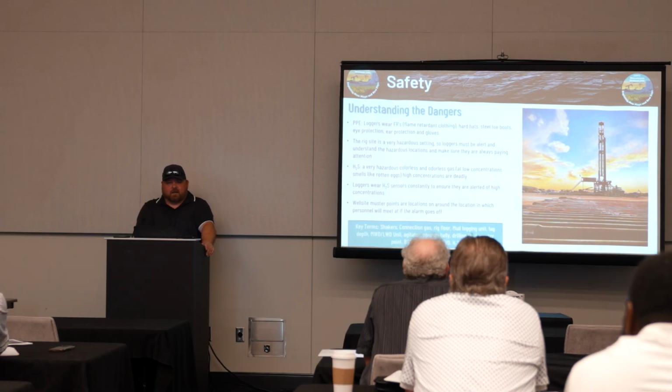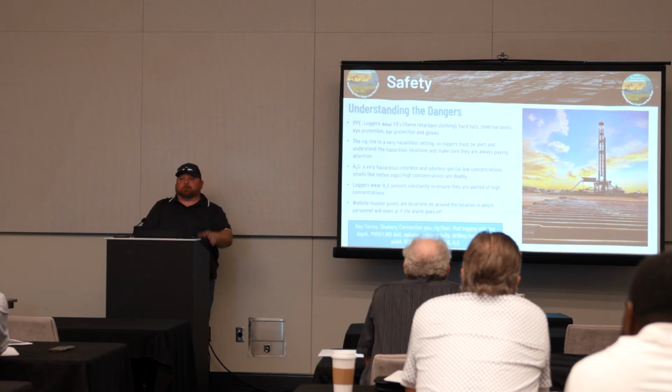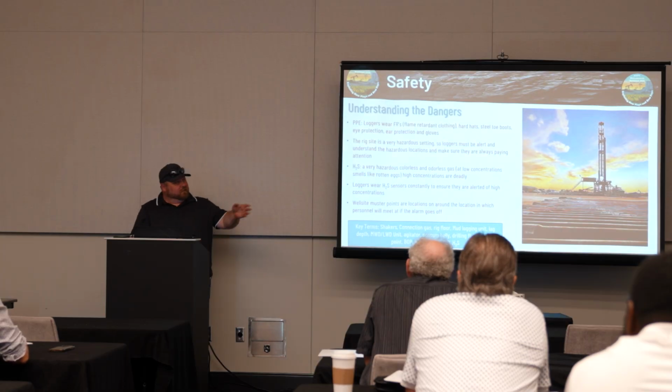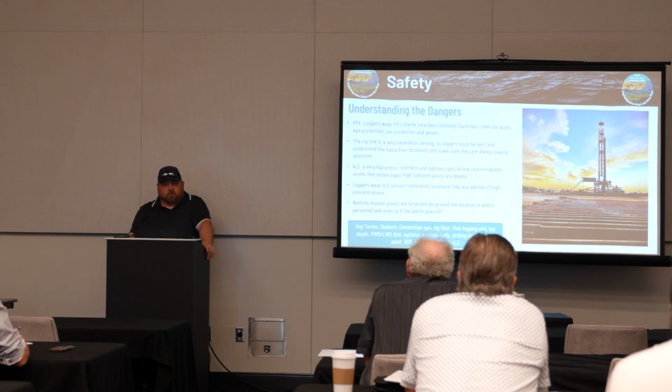A rig hand goes up top and works on something and leaves a wrench up there, and it vibrates loose and shakes, drops 150 feet to the floor. I've seen a lot of crazy things happen. I've watched the blocks fall all the way from the crown down, and that's not a pretty sight when it happens. So you've got to be very vigilant when you're walking around these locations.